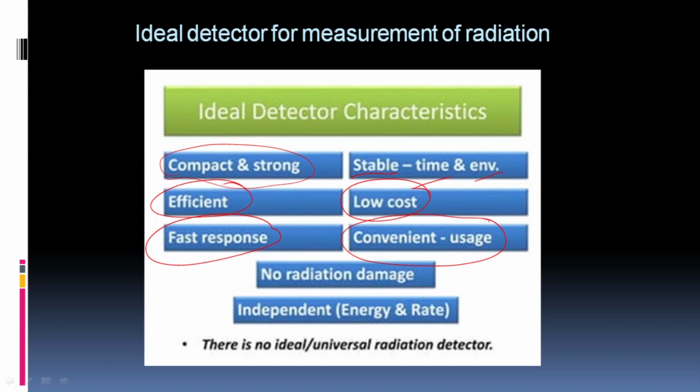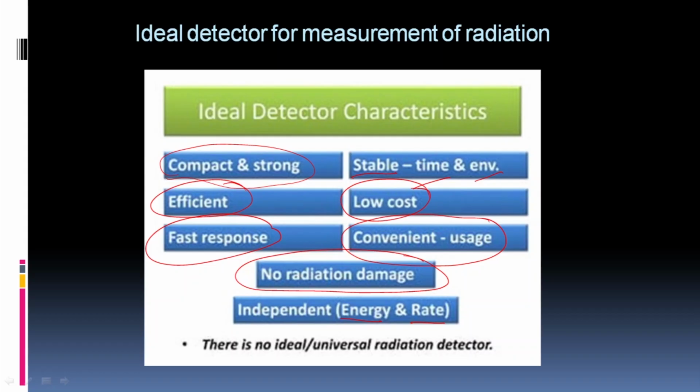The radiation detector should be very user friendly, and there should be no radiation damage to the detector after exposure to ionizing radiations. And the most important characteristic is that the response of this detector should be independent of energy and independent of exposure rate. But there is a statement that there is no ideal or universal radiation detector.